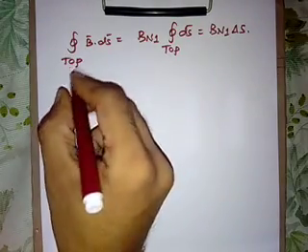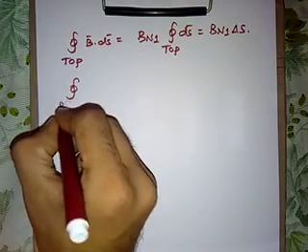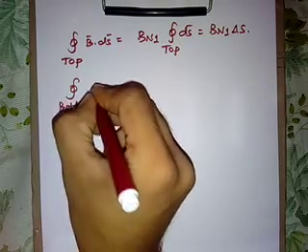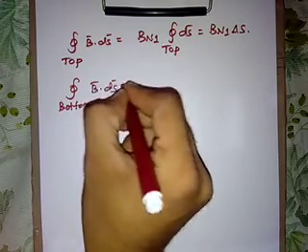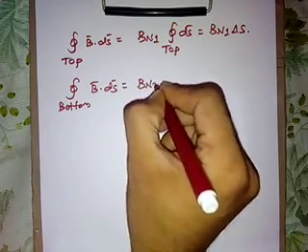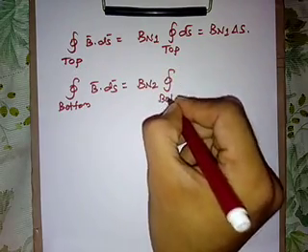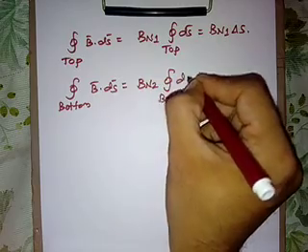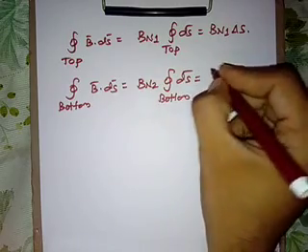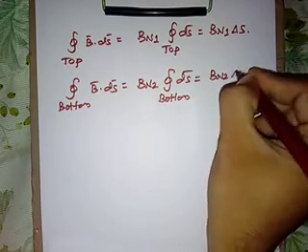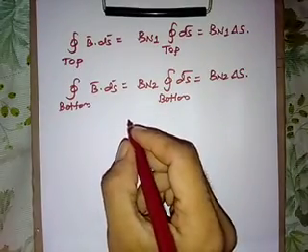Similarly, for the bottom surface, we have B bar dot dS bar. For the bottom surface, it is in medium 2, Bn2 is constant, so take it outside. The bottom surface closed integral will be equal to Bn2 delta S, okay.